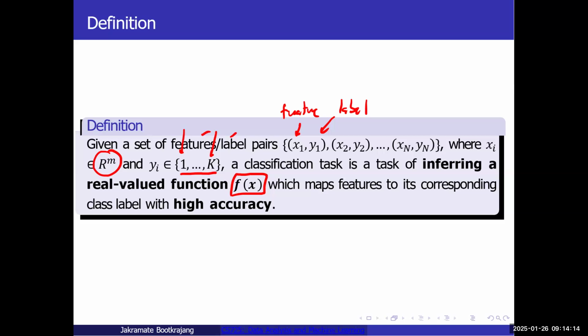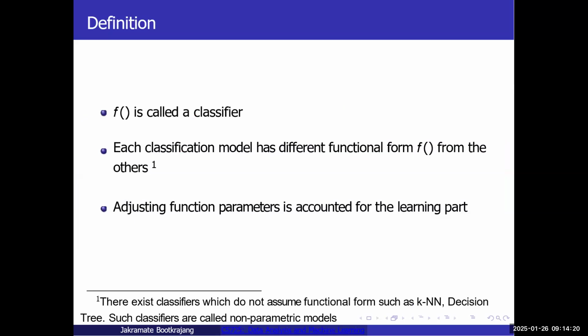So how can we do that? This function, we would call it a classifier. Each classification model has a different functional form, and then you want to adjust the function parameters to account for the learning part. Basically you have this function, and when you have the data, you can just put the data in and it's going to spit out the output.